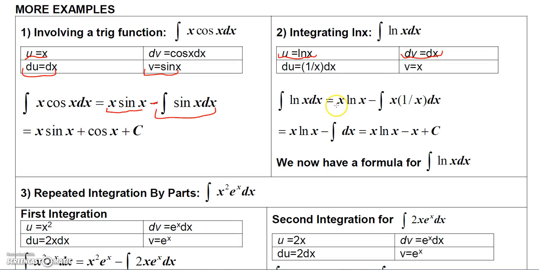So if you do the uv, you would get natural log of x times x, which I'm just going to write as x times natural log of x, minus the integral of v du, and v is x, and du is 1 over x dx, and x times 1 over x is just 1, so you end up in this integral with just dx, and when you integrate dx, you just get x. So I bring down the x natural log of x, and then I have the minus x from this integral, and then of course plus your constant. And so now you have a formula for integrating the natural log function. Remember I told you earlier we didn't have that, but now we do.